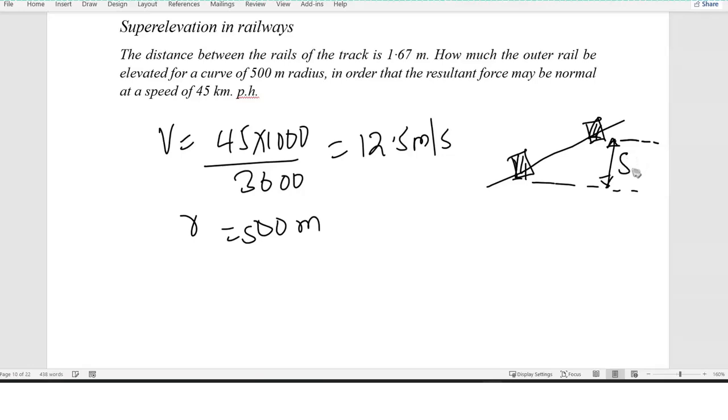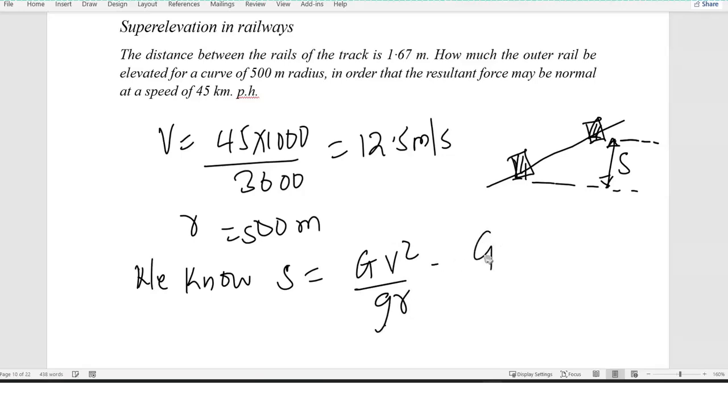Let me call it S. But we know that S is actually equal to G V squared over g R. So G is the gauge of the rail, then V is the speed, R is the radius of the track.